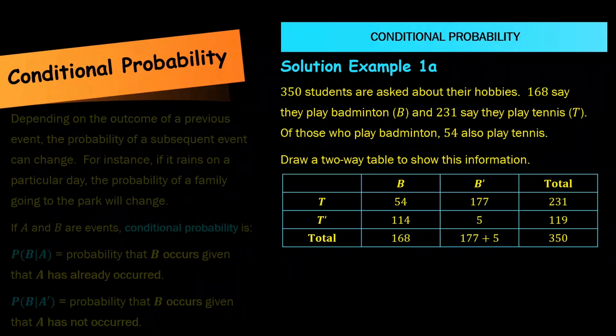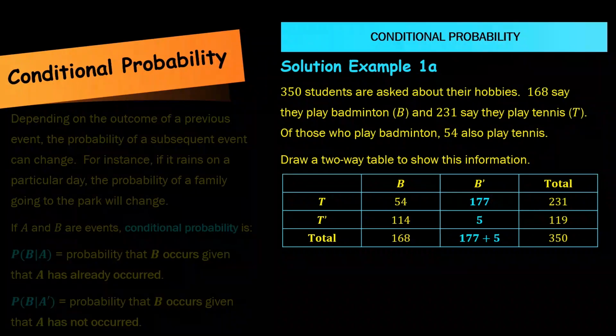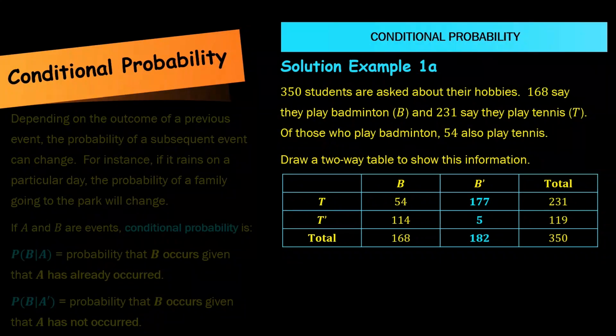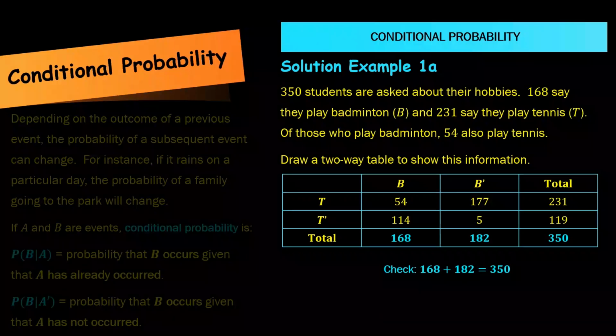And finally, the total who don't play badminton is 177 plus 5, which is 182. We can double check this table by checking the total in the other direction, and 168 plus 182 is indeed equal to 350.